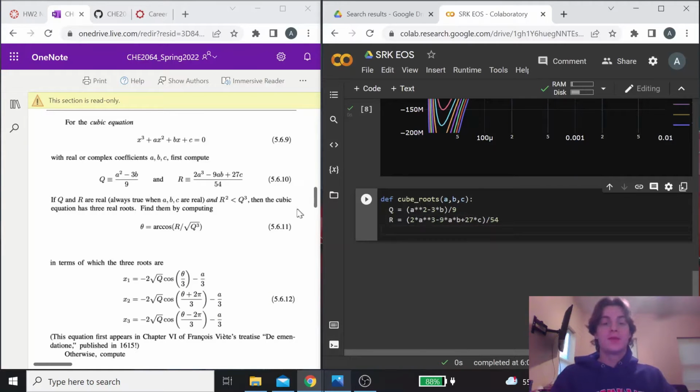Right? So now if we keep reading through this, if q and r are real, which is always true when a, b, and c are real, so our q and r are going to be real since we have real coefficients.